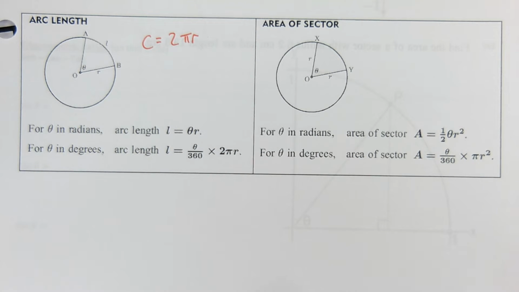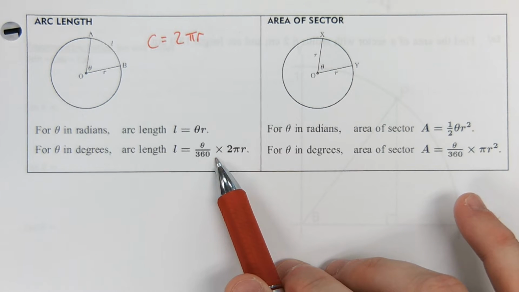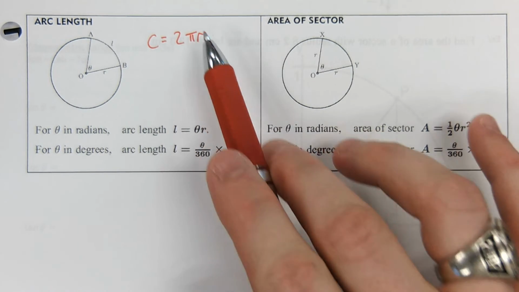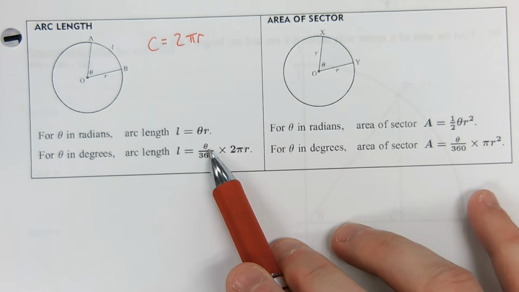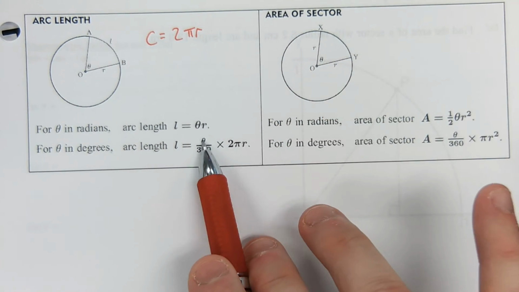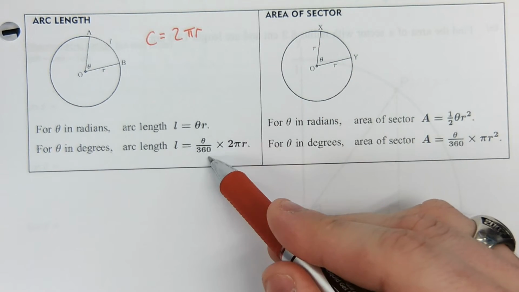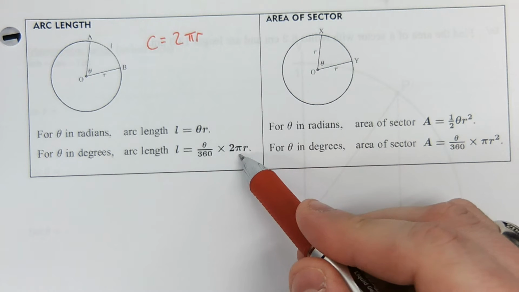In degrees, that formula looks like this. And this and this are basically the same thing, because when I said divide this into pieces, then it's this formula. Because theta over 360 literally says a fraction of a circle's circumference.